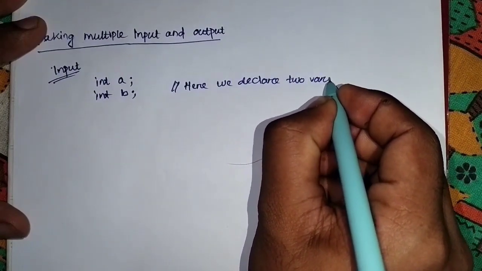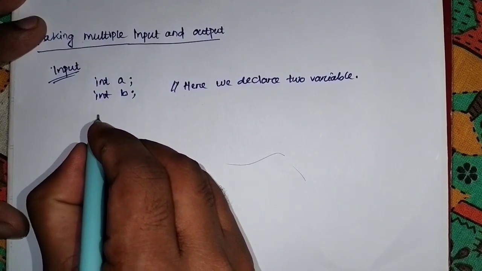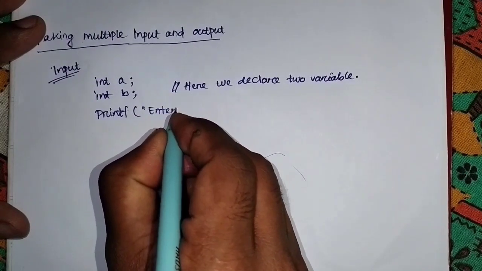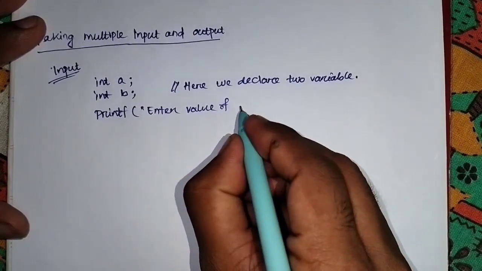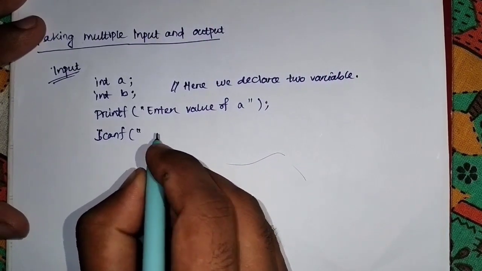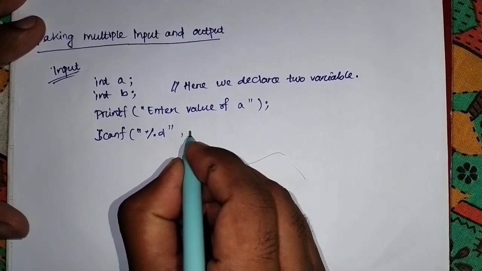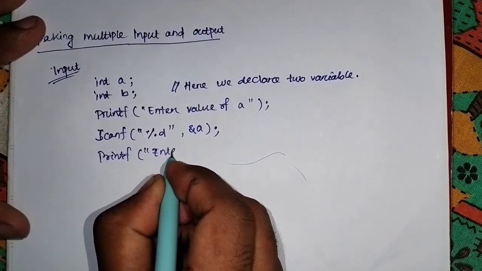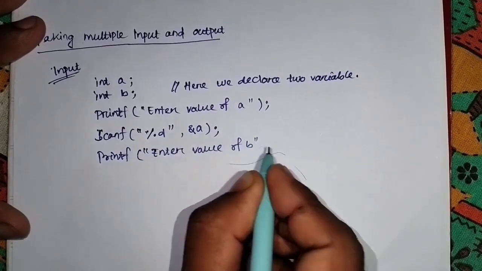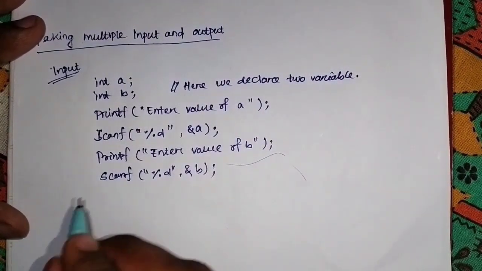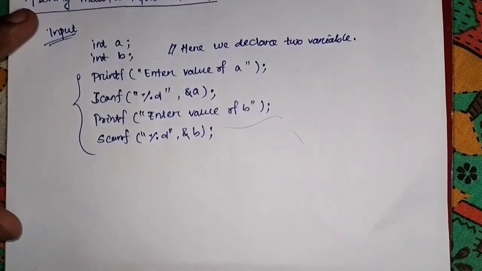So we want the user to give the values of a and b. First I have written printf enter value of a, scanf %d &a as usual, then printf enter value of b, then scanf %d &b.